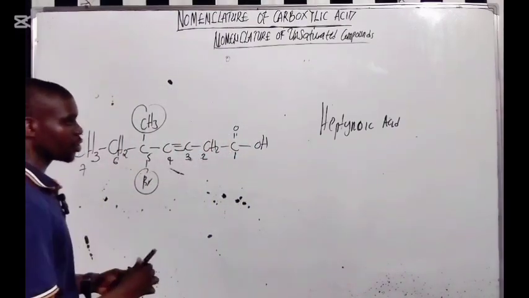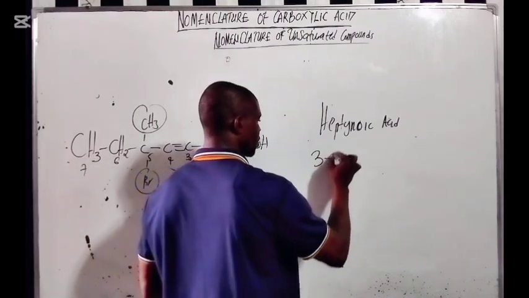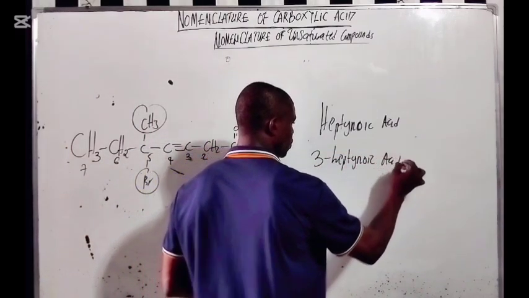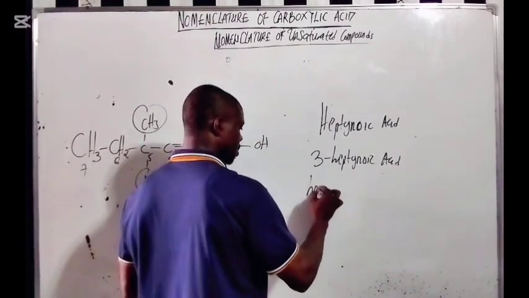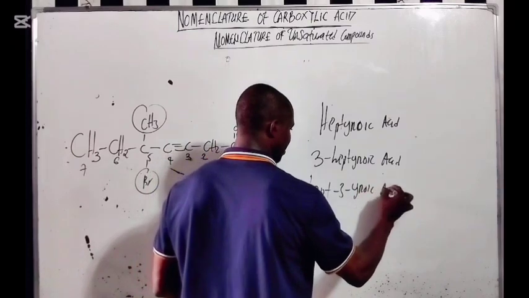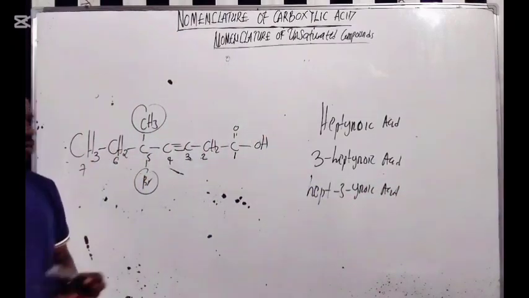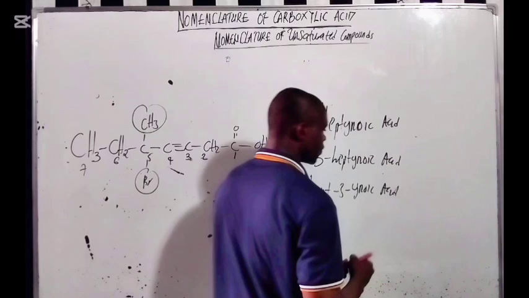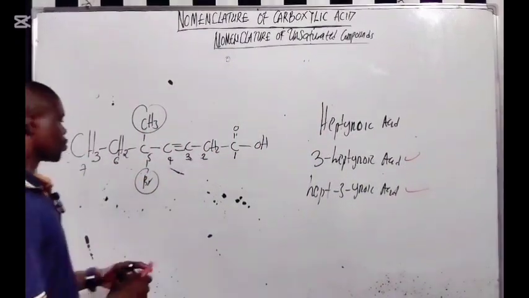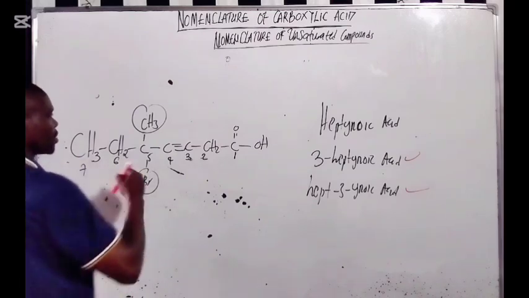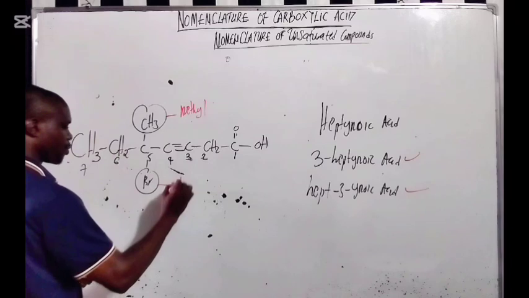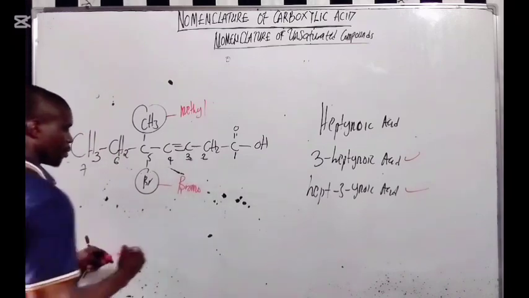I can count 3, so it's going to be 3-heptynoic acid, or you can say hept-3-ynoic acid. Any of these is correct; you can use either in nomenclature. At carbon 5 we have a methyl group, and here we have a bromo group.